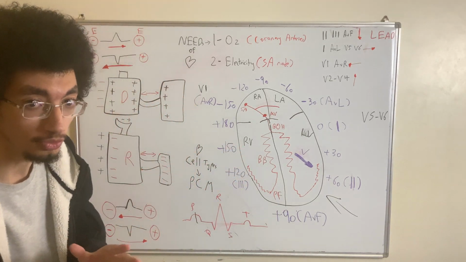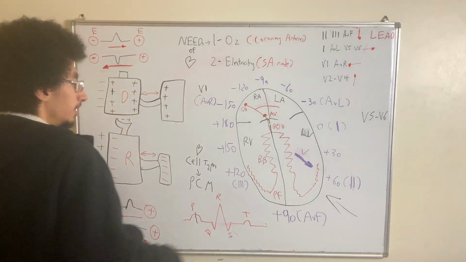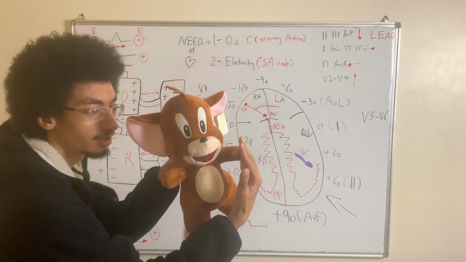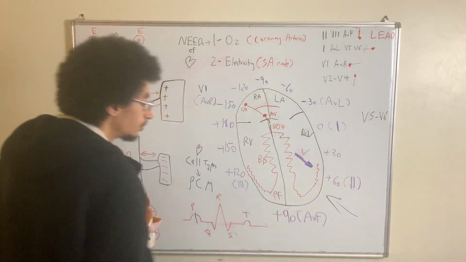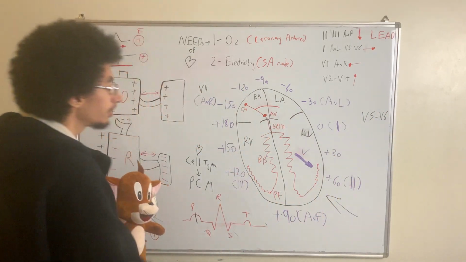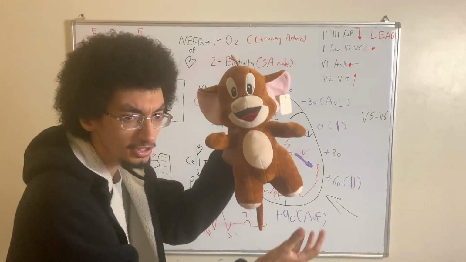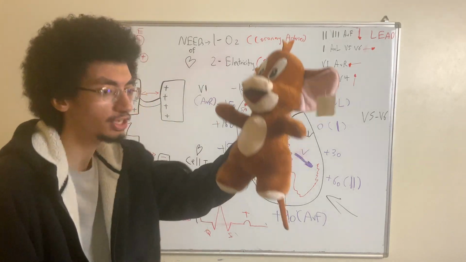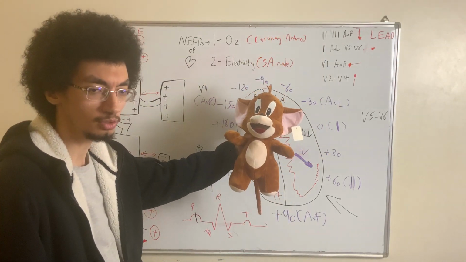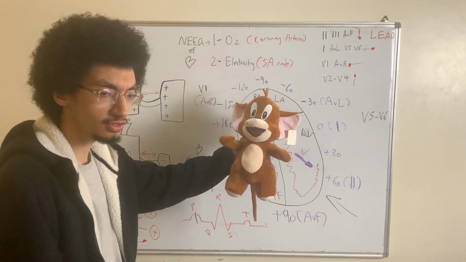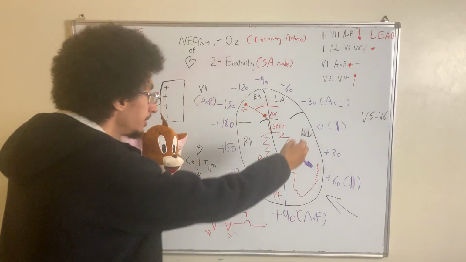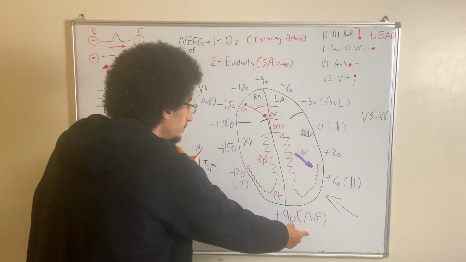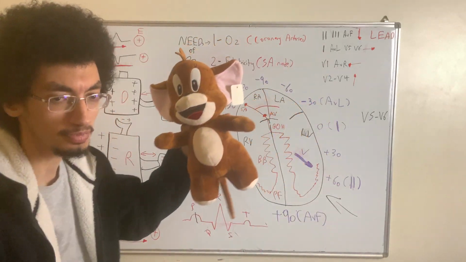Now, before we continue, if you realize, lead 1 is recording the heart laterally. Lead 2, AVF, and lead 3 are recording the heart inferiorly. So let's imagine the heart placed on a horizontal plane, in which lead 1 will record from a lateral perspective, and lead 2, AVF, and lead 3 will record from an inferior perspective.